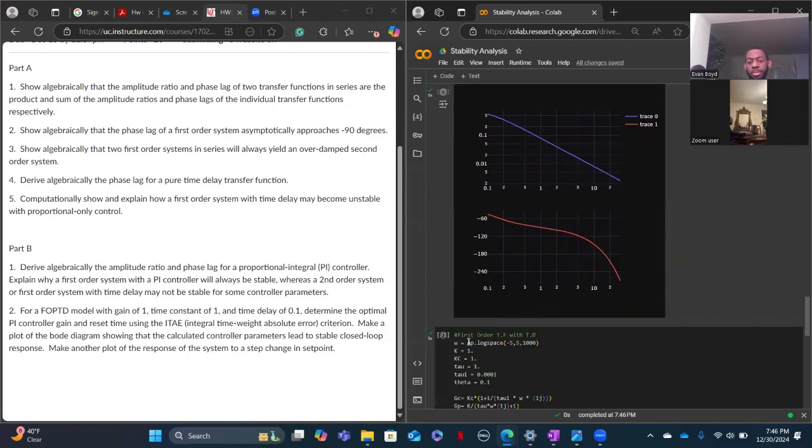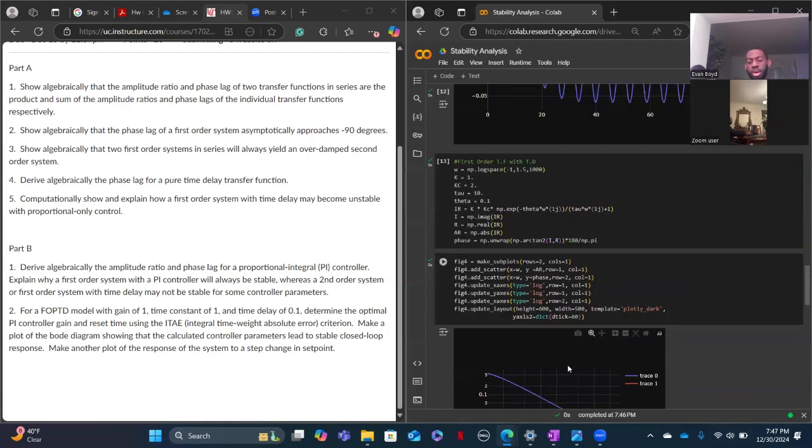Let me change this from this is with PI controller to first order controller.